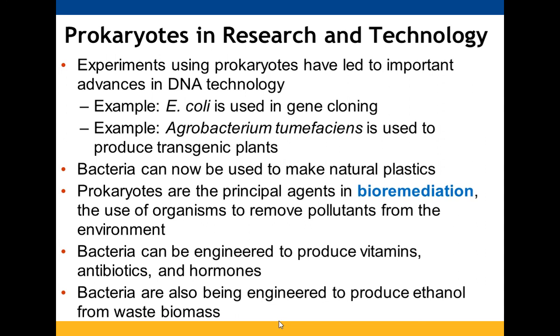We can have bacteria with those plasmids inserting genes to be able to make natural plastics. Bioremediation, we can help them help remove things from the environment. We can have them make vitamins and antibiotics and hormones. We can help them to make ethanol. So there definitely are some benefits, but it has to be done with caution.